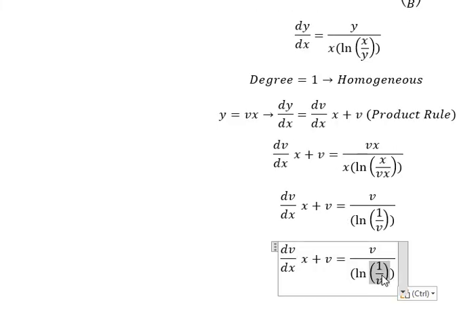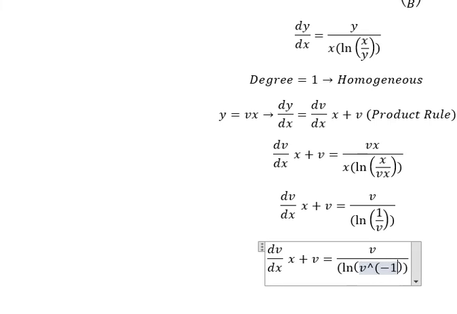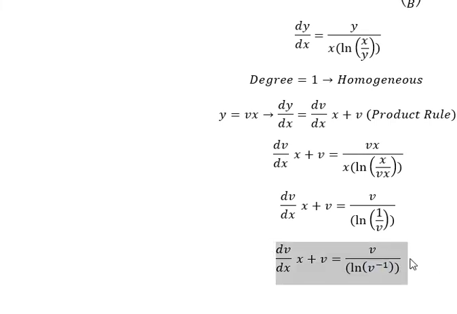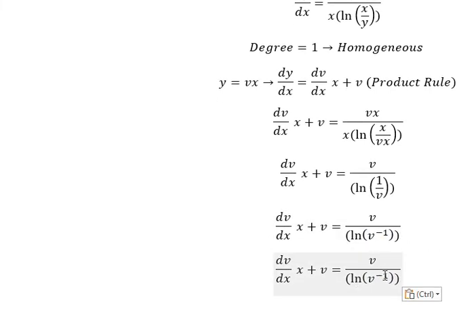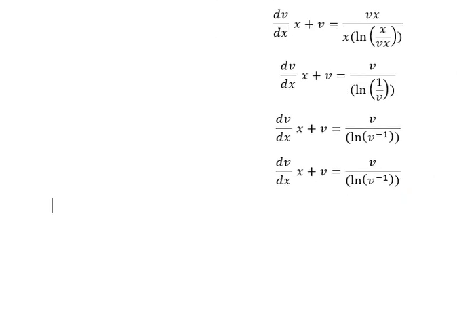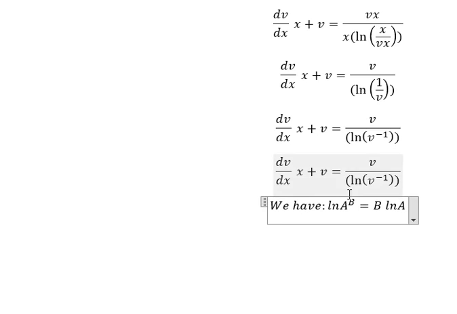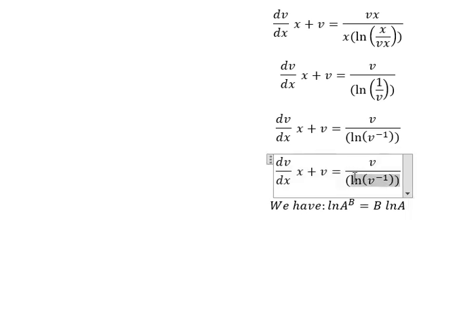So this one we have v to the power of negative number 1. We put negative number 1 go outside. That is the formula in here: ln a to the power of b equals to b ln a. So we put negative number 1 go outside.